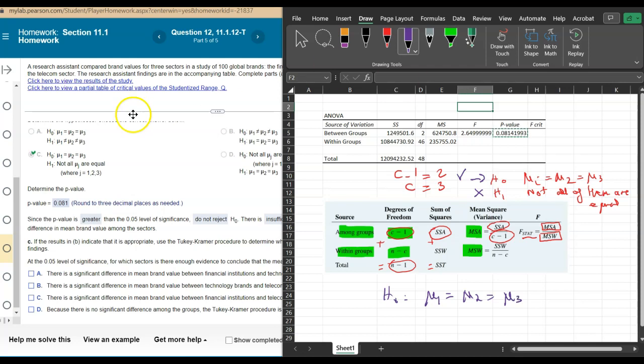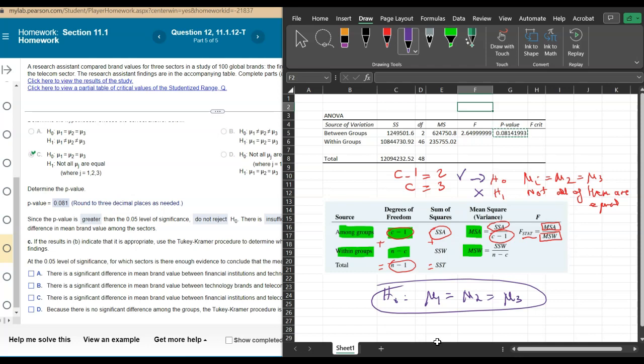Now for the last part, it's asking whether it's appropriate to use the Tukey-Kramer procedure or not, and no, we don't need it because we don't have enough proof that any of these is different. You use the Tukey procedure only when you want to determine which of these combinations are different from each other, meaning mu1 different than mu2, mu1 different than mu3, and so forth.